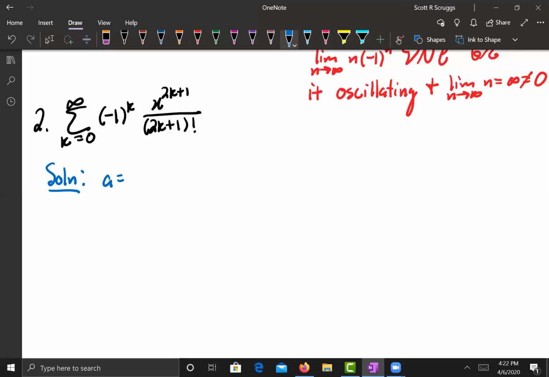First thing, what's the center of my power series? What value did y'all get for the center of that? Well, let's recall a general form.